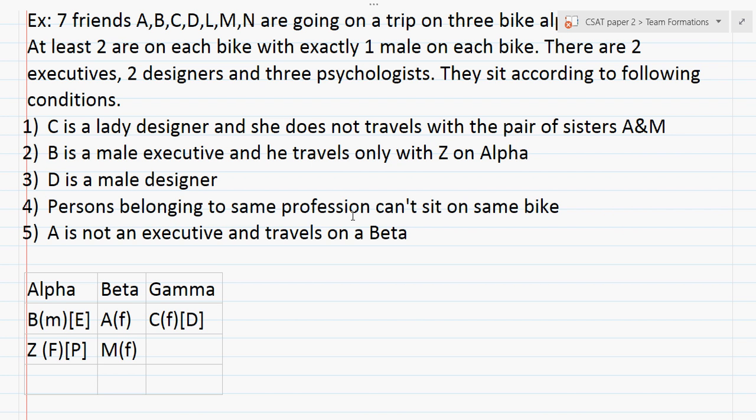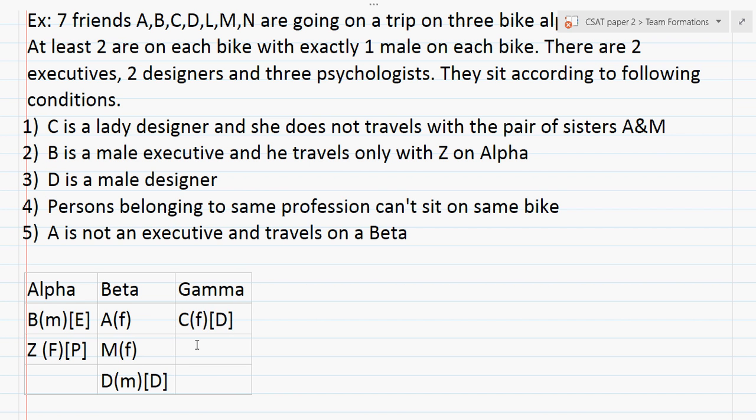We have not made use of the statement that D is a male designer. We already have C, a designer, on gamma. A designer cannot be on gamma again, so he has to be on beta. So he is a male and a designer, right?